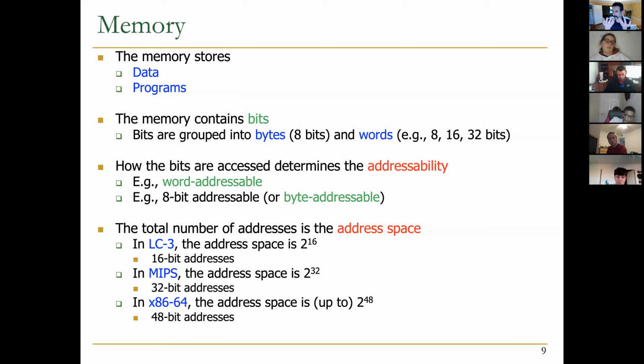Essentially, this determines how much memory you have and how large a memory your computer could work with.